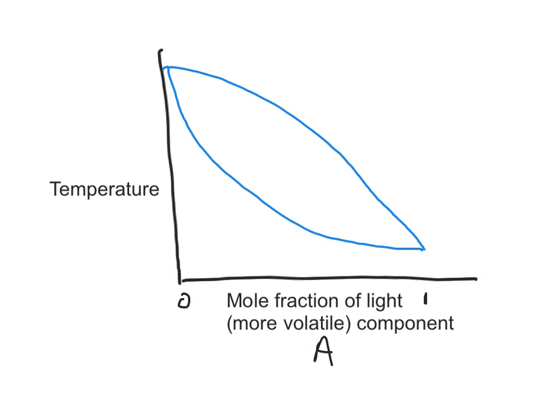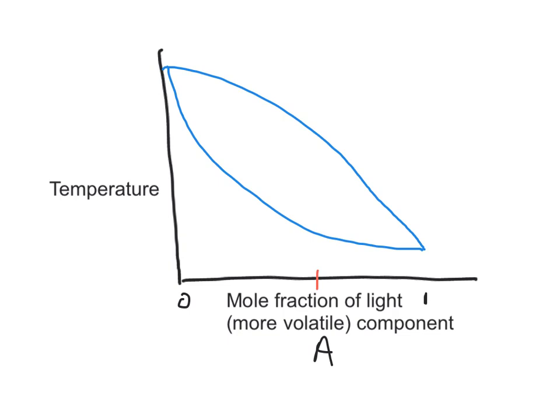So let's look a little bit more at how we utilize and read this diagram as it pertains to mixtures. Let me start out with an example. Let's say I am somewhere about right here. That's maybe a mole fraction of about 0.5 for component A. That means the mole fraction for component B is about 0.5, to add up to 1.